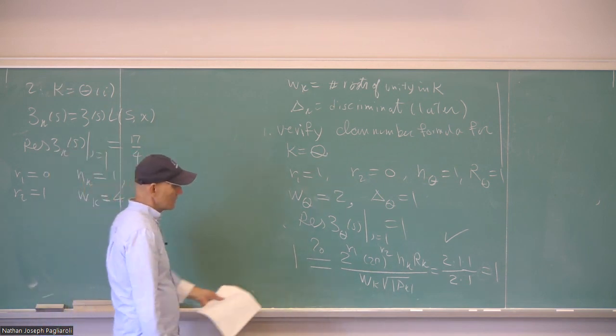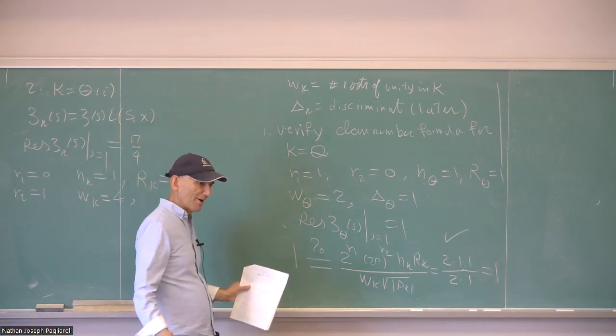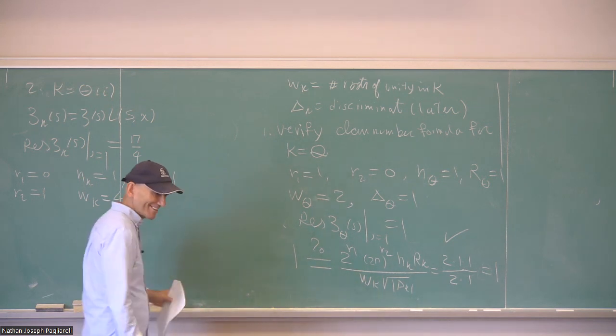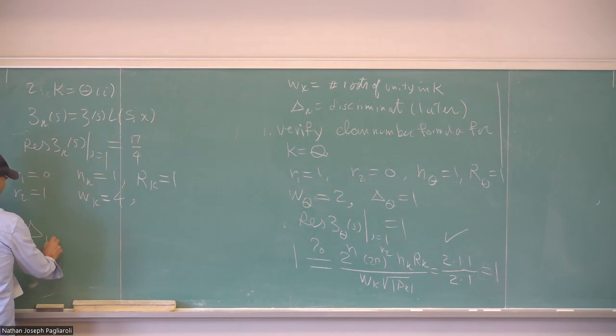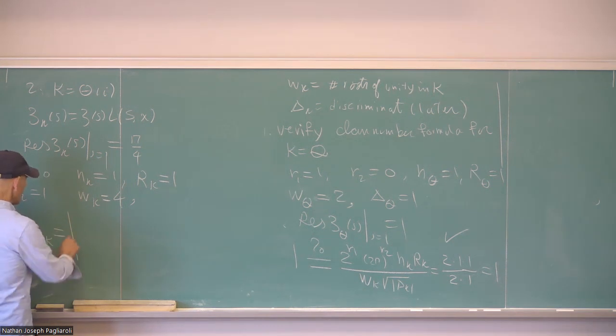Now the question is, what is delta k? Now I can't escape. I have to give a definition of delta k. Delta k is actually a determinant. So let me write it like this.